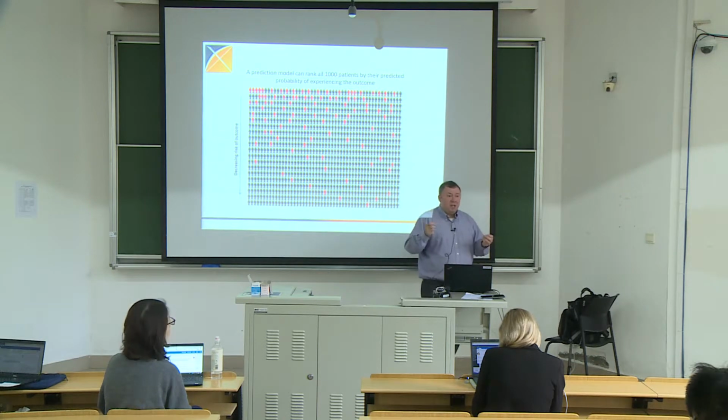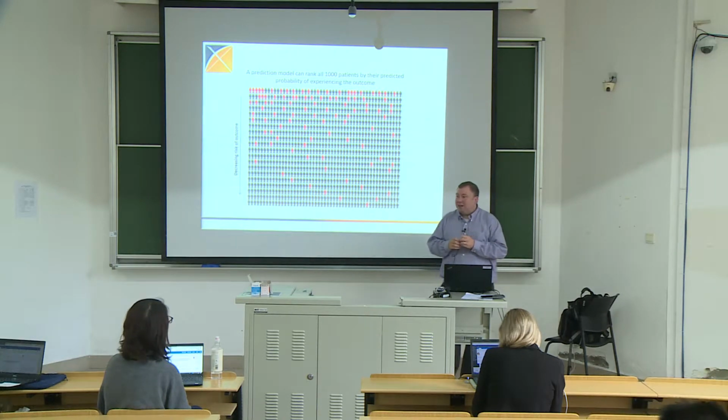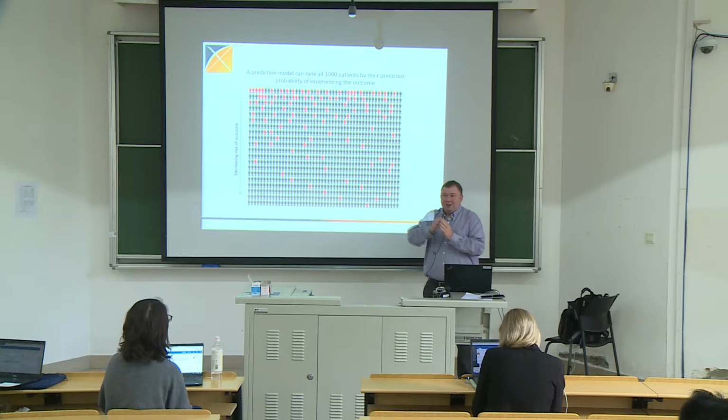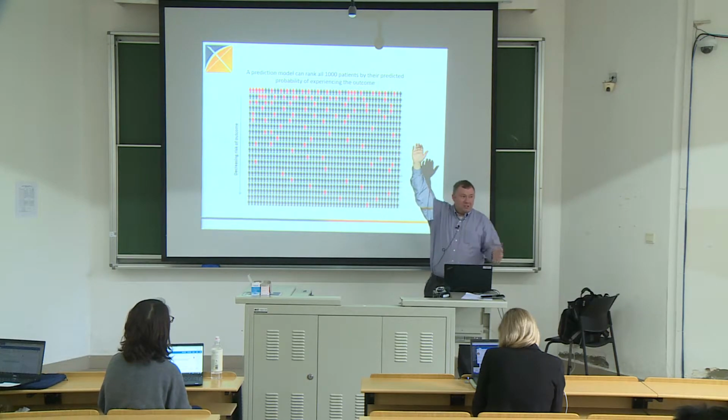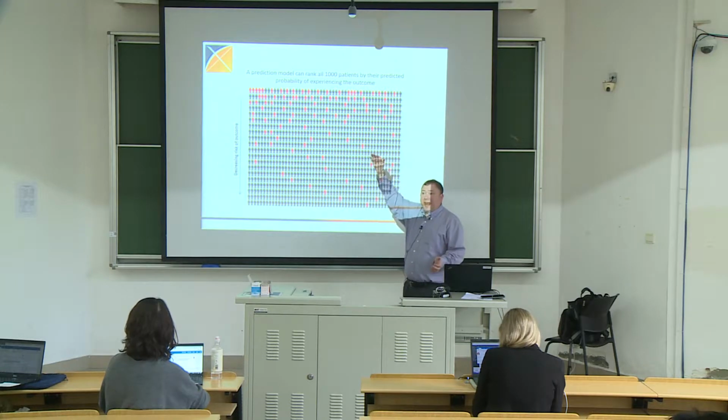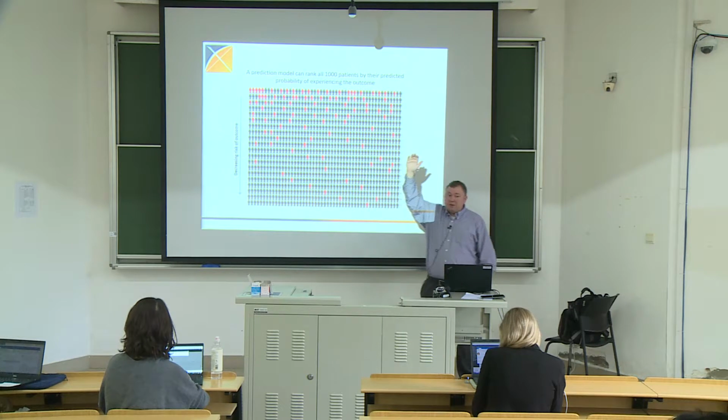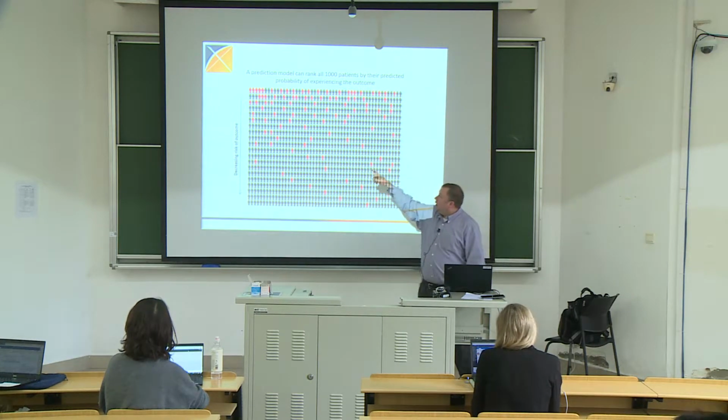And one way to think about it is that I could rank the 1,000 people from highest probability to lowest probability. And if I could rank the people based on their probability, something interesting happens.